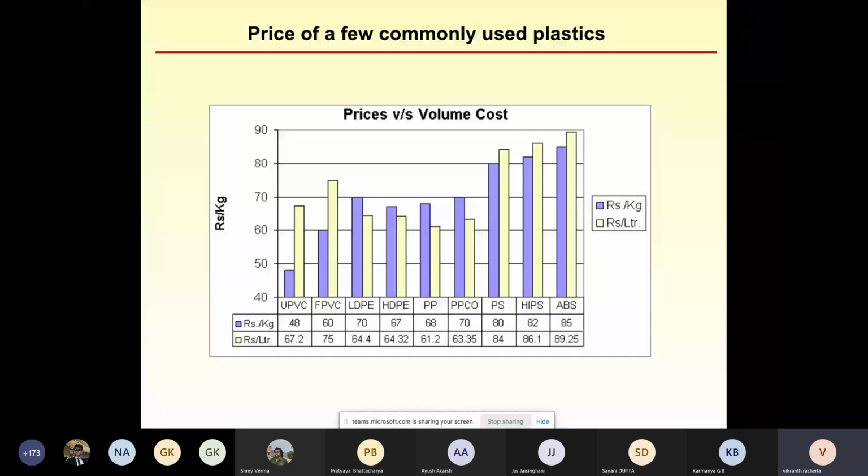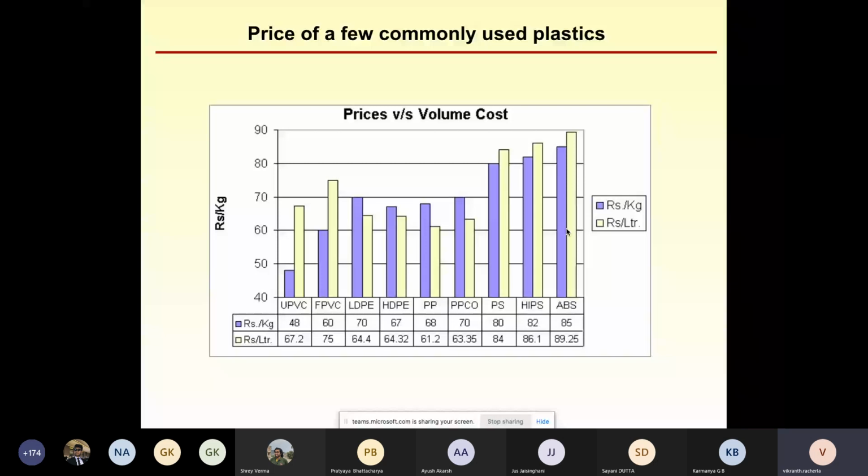So what would be their density roughly? Most of them have a density which is very close to 1. So you can see that between rupees per kg and rupees per liter, there is not much of a difference for most of these plastics. So you can see that the cost of the plastic material is quite low.